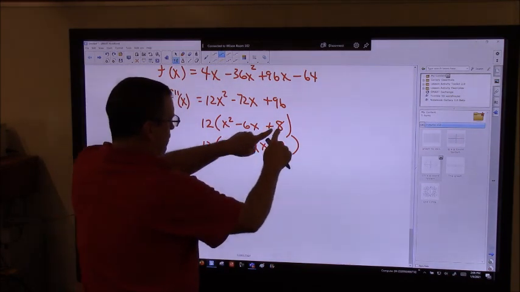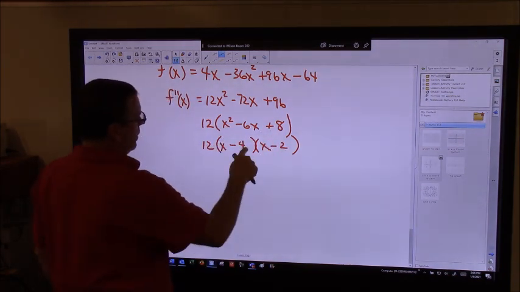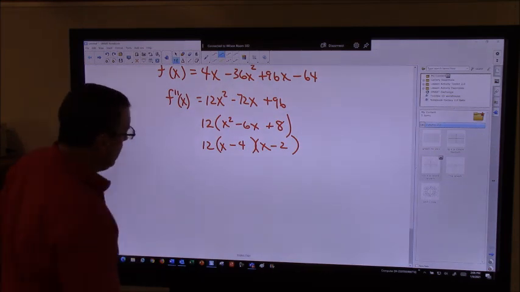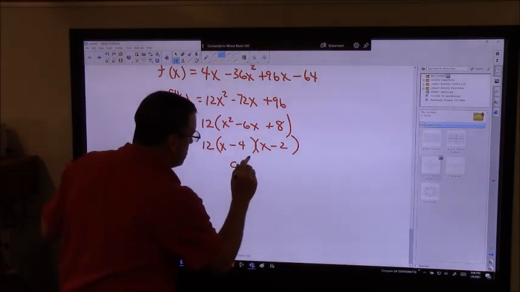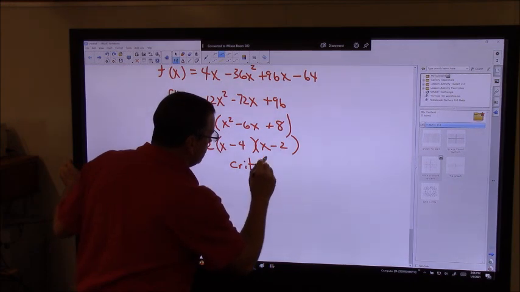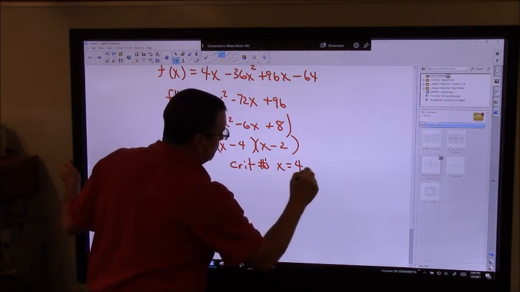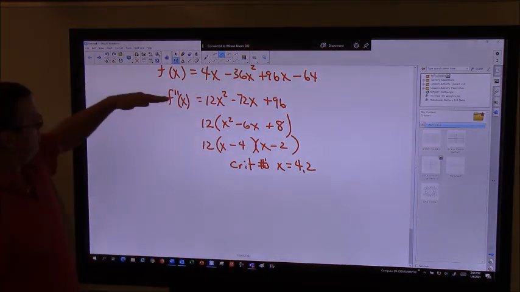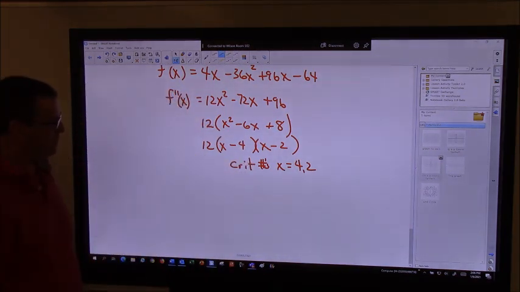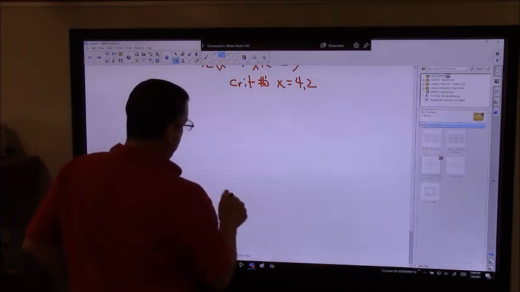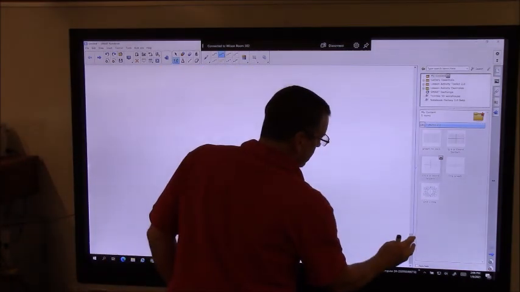That'll give me my positive 8, and negative 2x minus 4x will give me my negative 6 in the middle. So my critical numbers are at x equals 4 and 2. So if there's a point of inflection, that's where it's at. Okay? 4 or 2.